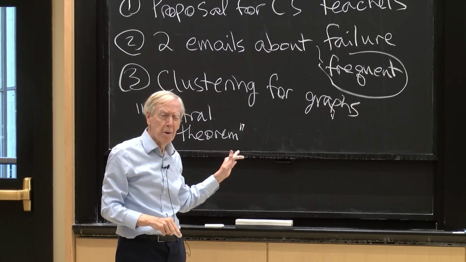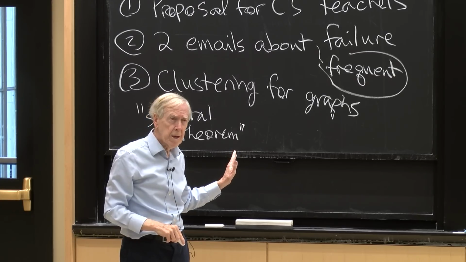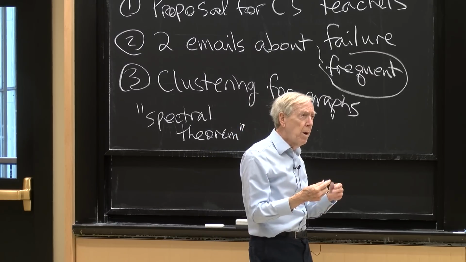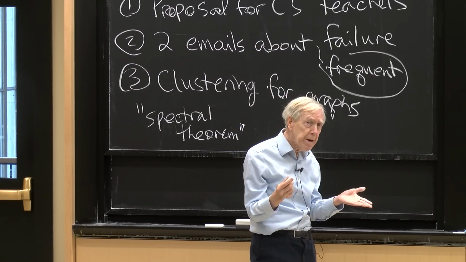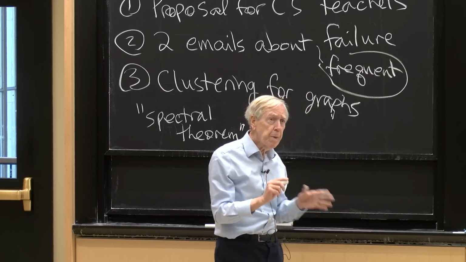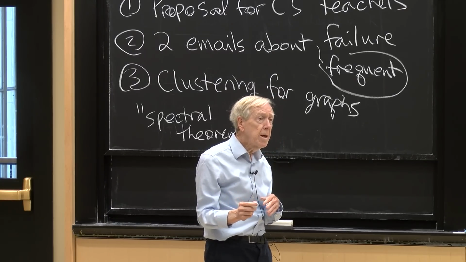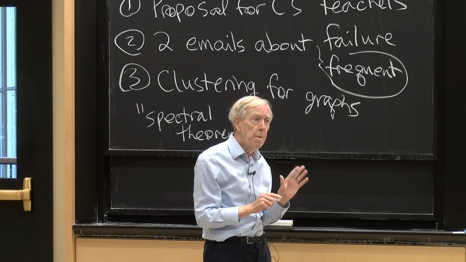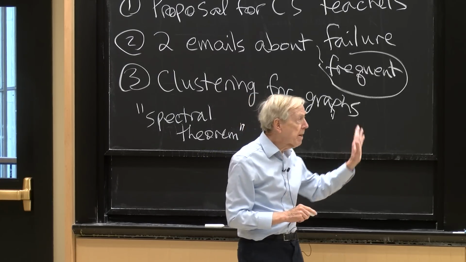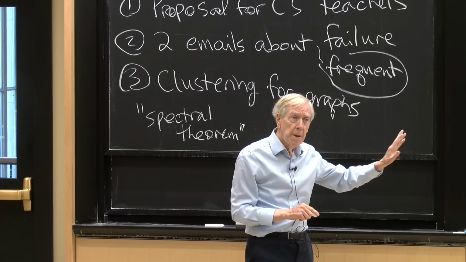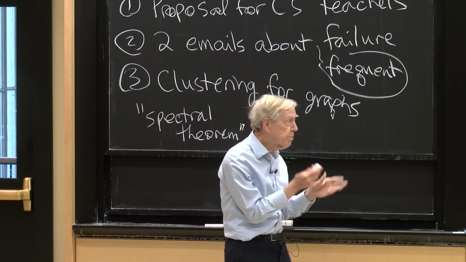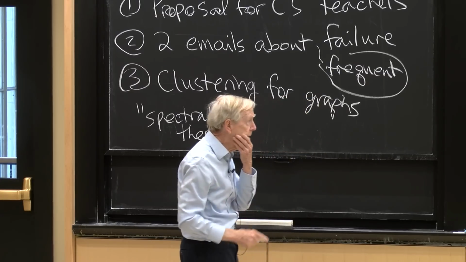What's that word spectral about? That means that if I have a matrix and I want to talk about its spectrum, what is the spectrum of the matrix? It is the eigenvalues. So spectral clustering is using the eigenvalues of some matrix. That's what that spectral is telling me.